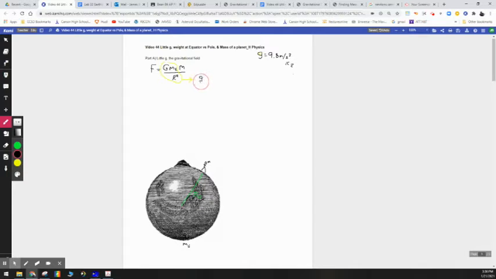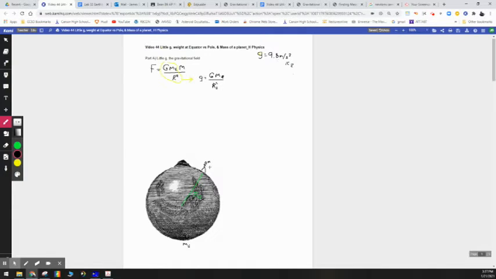So little g is made up of big G, the mass of the Earth, and the radius of the Earth squared. So that's what little g is, and that's where it comes from, and this is where this value here comes from as well.